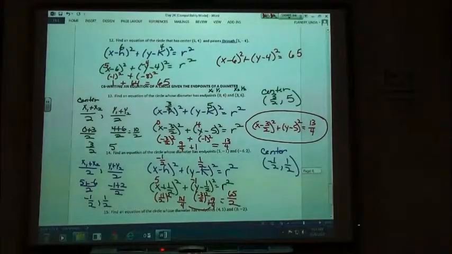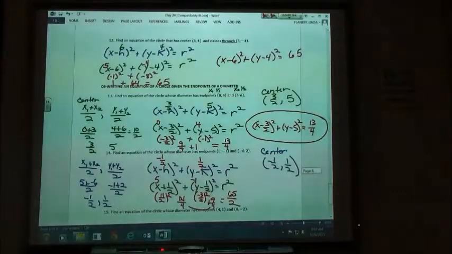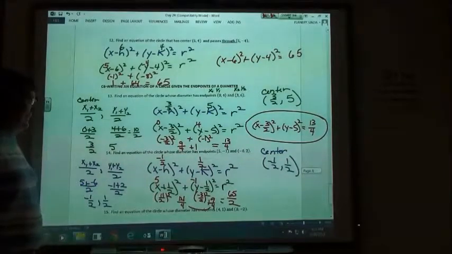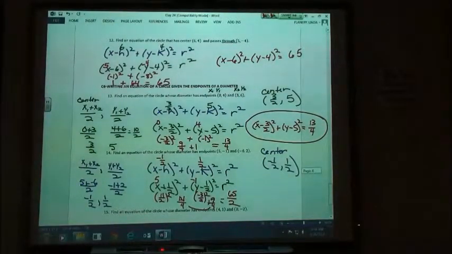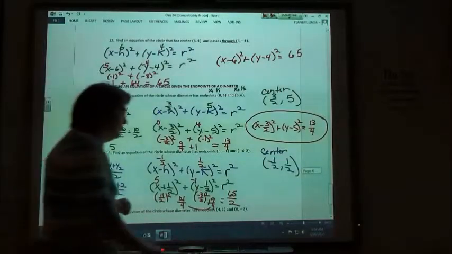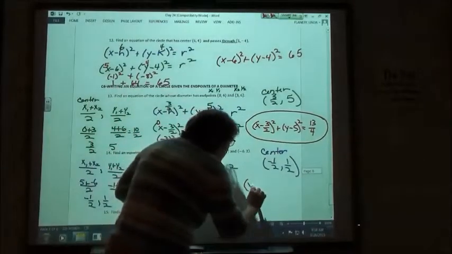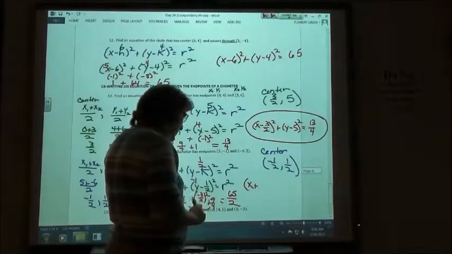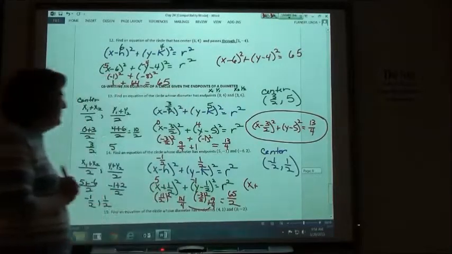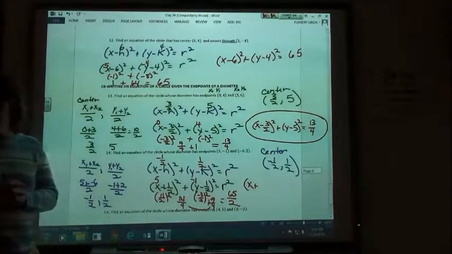We now can write the equation of our circle. What's the equation of our circle going to be? x plus, which number do we use in there?